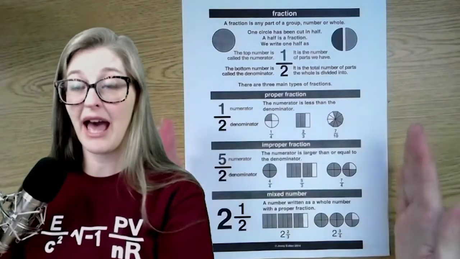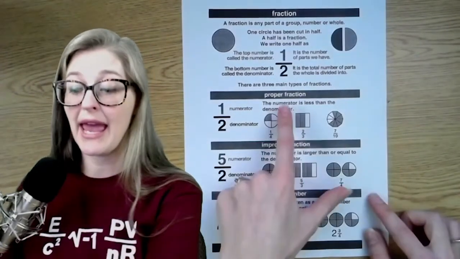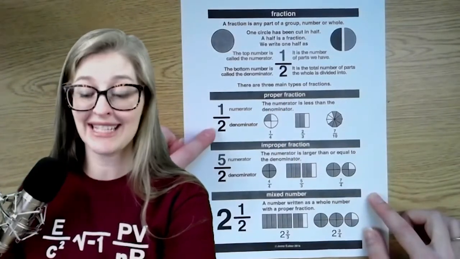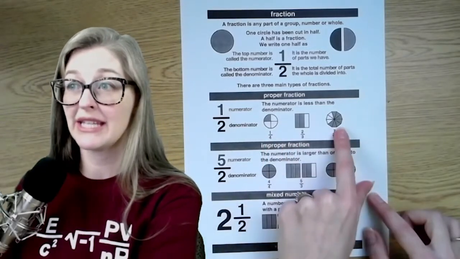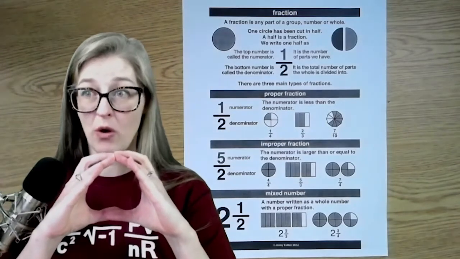Now these are the kinds of fractions that you might hear or you might see in your work. A proper fraction is one where the numerator is less than the denominator. So 1/4, 2/3, 7/10. The fraction is less than 1/2.